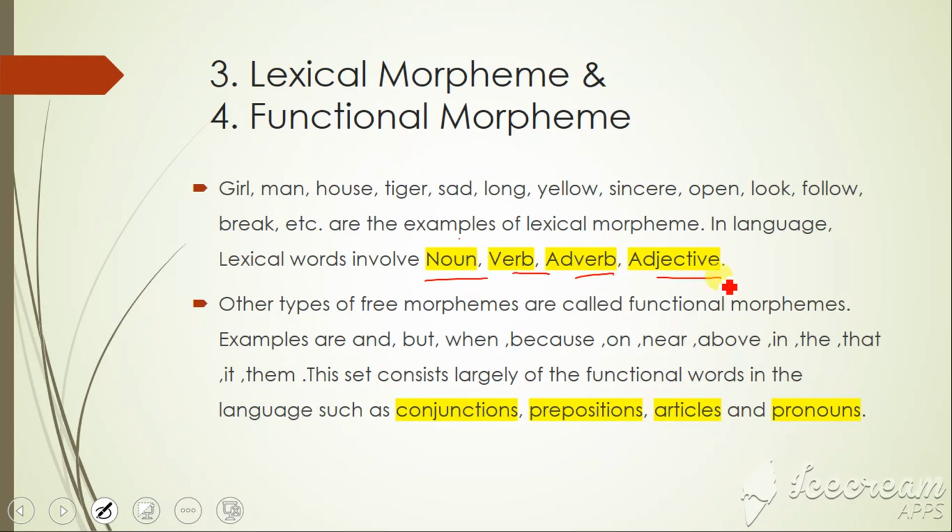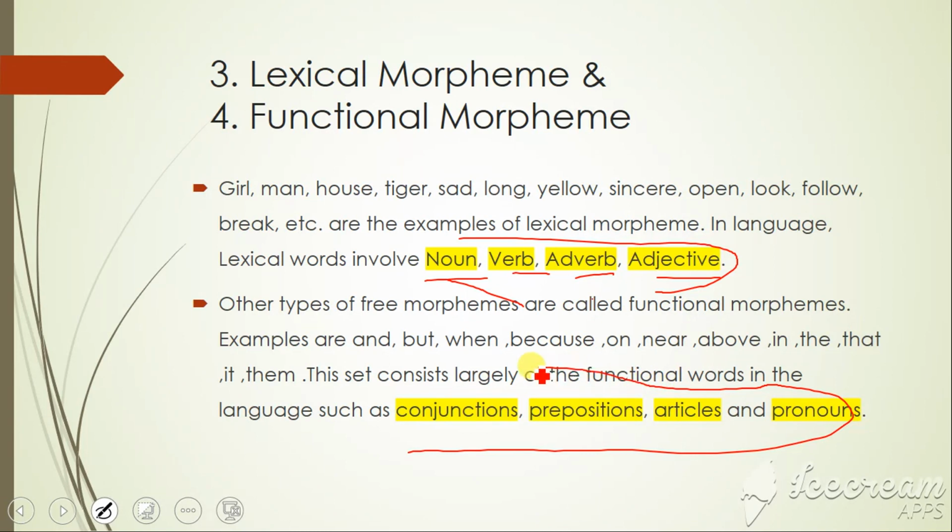These all are open class categories. But in functional morphemes, we have conjunctions, articles, pronouns and prepositions. So these words cannot be modified. So this was the concept of open class and closed class. The words that can be modified, that can be changed, are called open class, and the words that cannot be modified, cannot be changed, are called closed class.